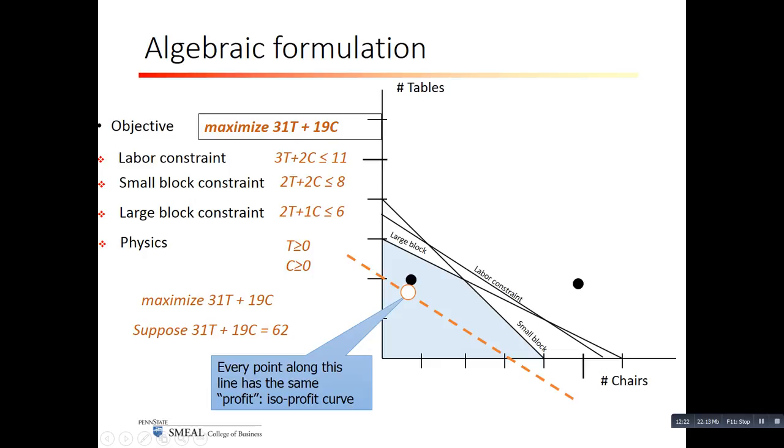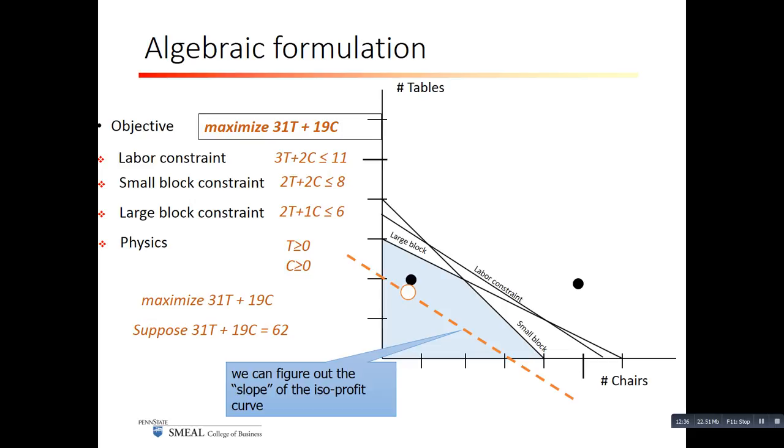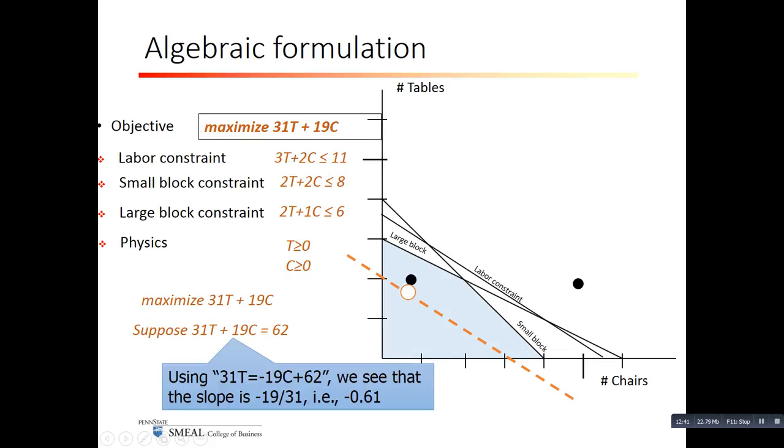Then we can draw a line, and we can call this an iso-profit line, because every point on this line would have the same profit of 62. And we can also figure out the slope of this line, which is done by moving this term, 90 multiplied by c, to the right-hand side and dividing by 31. Then we get the slope of this line, in this case, this.